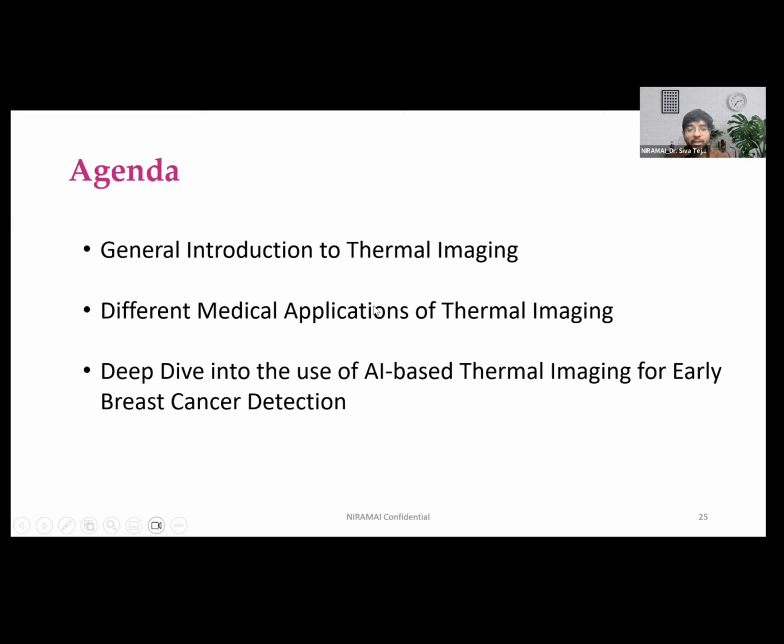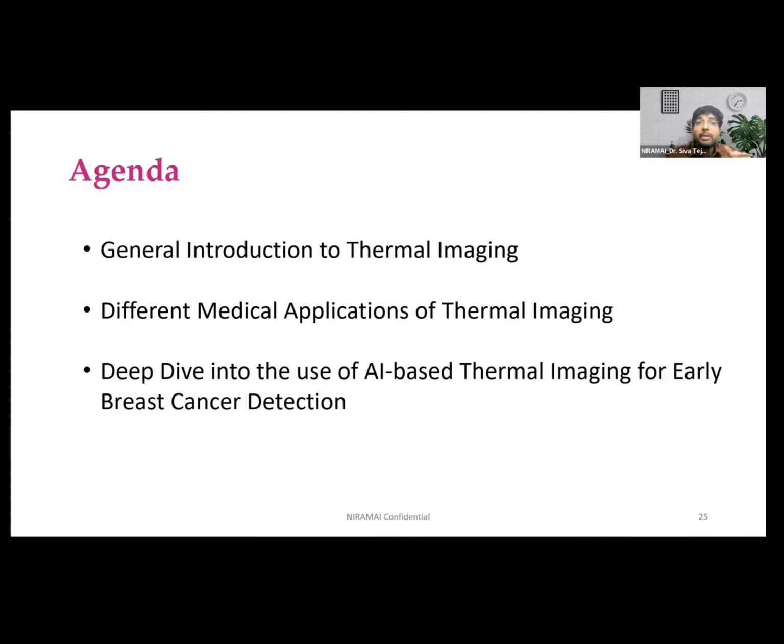Thank you for the kind introduction and the opportunity to talk about how we can utilize thermal imaging for different medical applications, and specifically breast cancer detection. Dr. Geeta has highlighted specifically how we can use AI-based thermal imaging for early breast cancer detection.